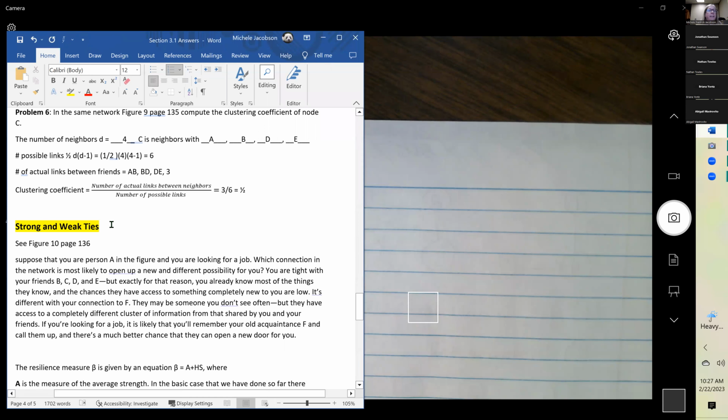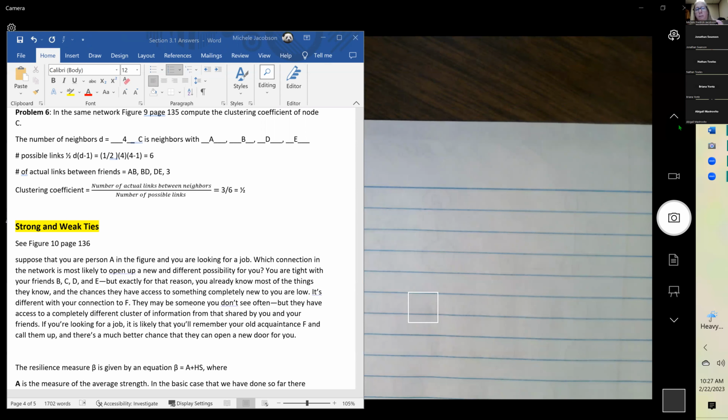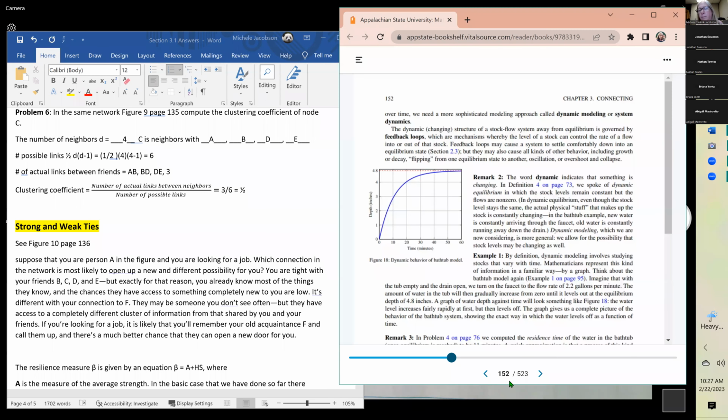Strong and weak ties, figure 10. On page 136.